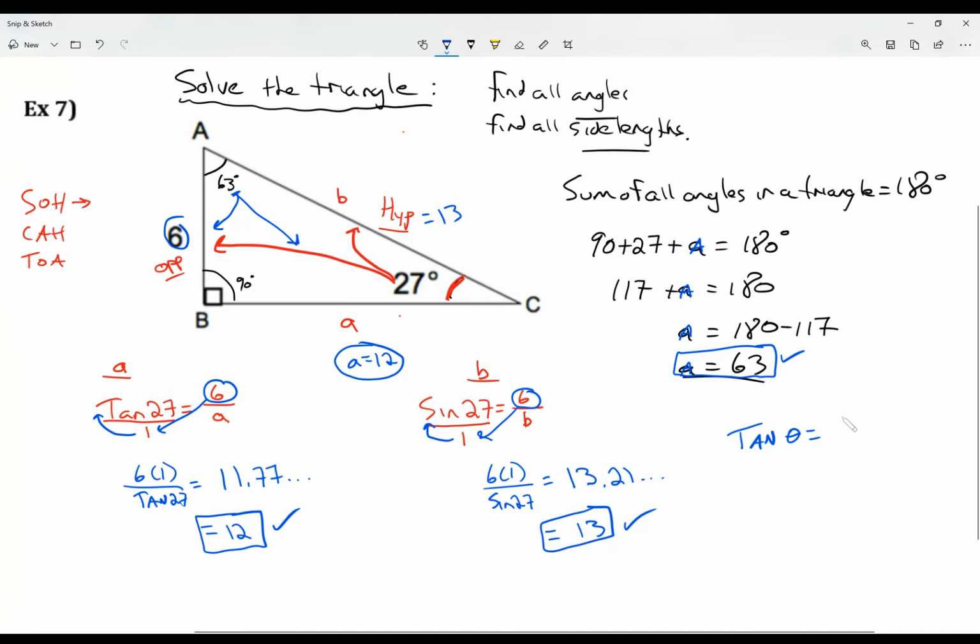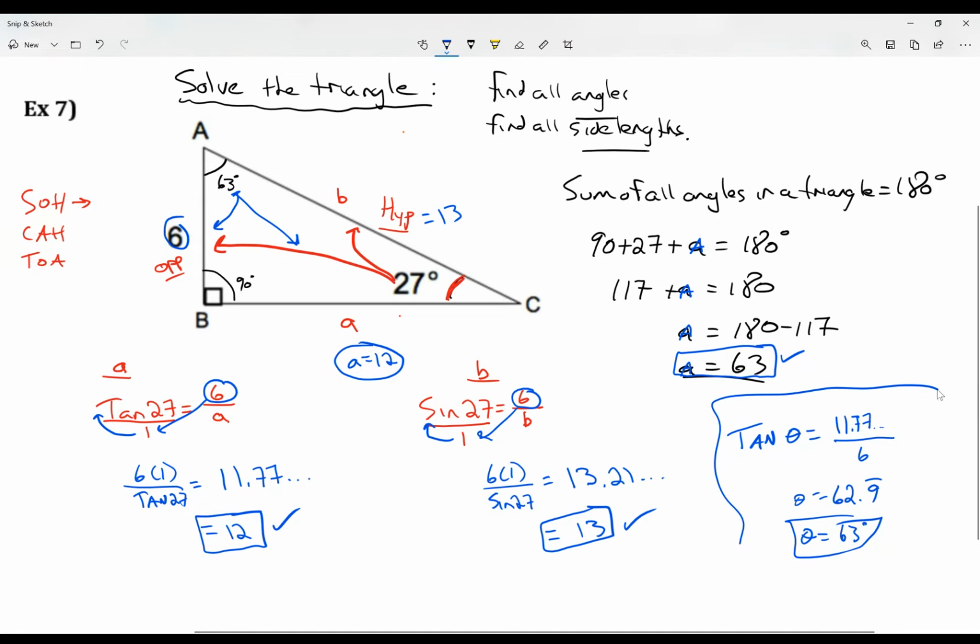So it's going to be opposite over adjacent, and I'm actually going to use the unrounded number, 11.77 and change, divided by 6. So if I take the second function tan of 11.77566303 divided by 6, I get 62.9 repeating, which, if I round, is 63 degrees. Boom. So I did it right.